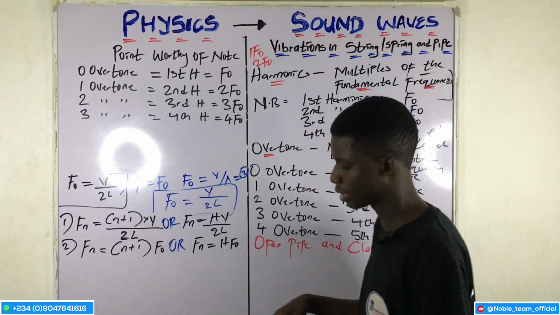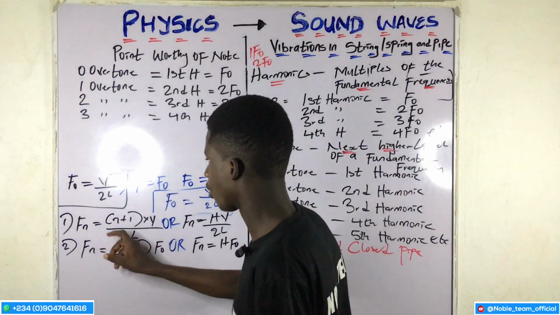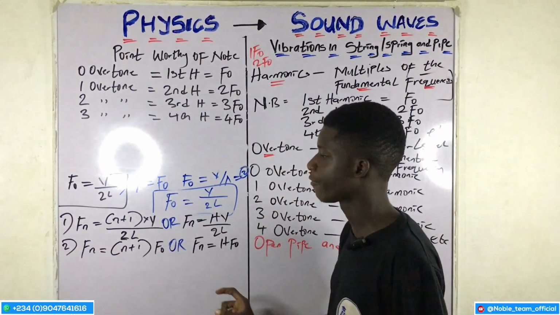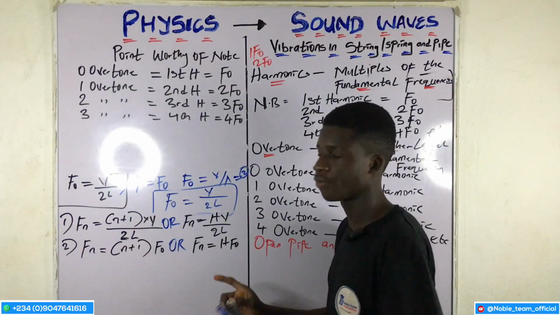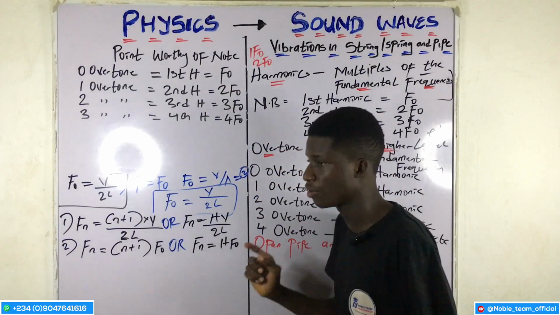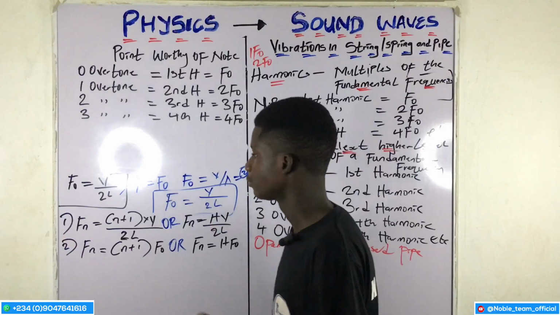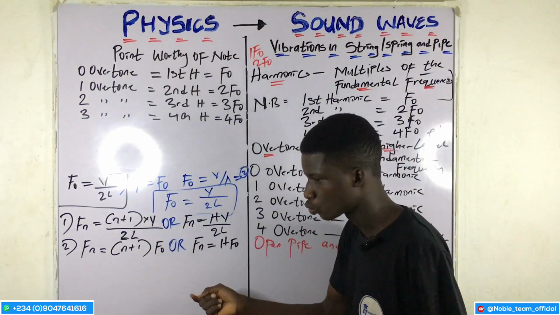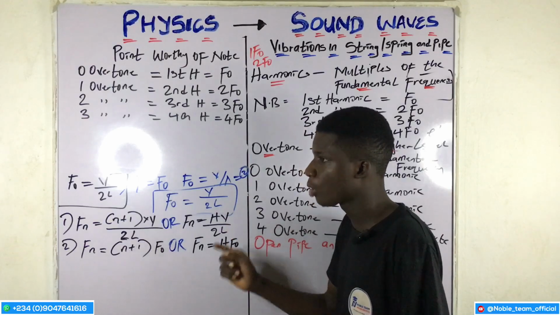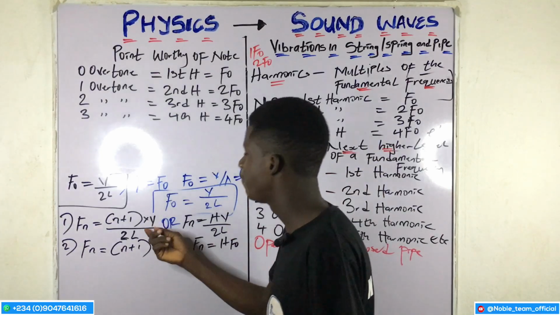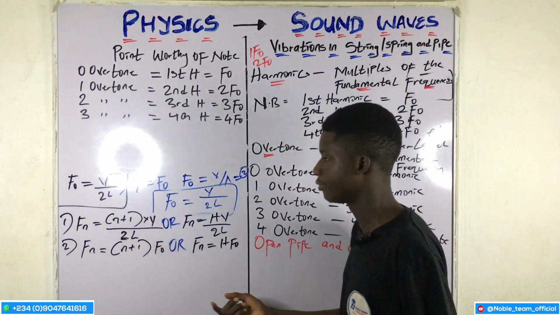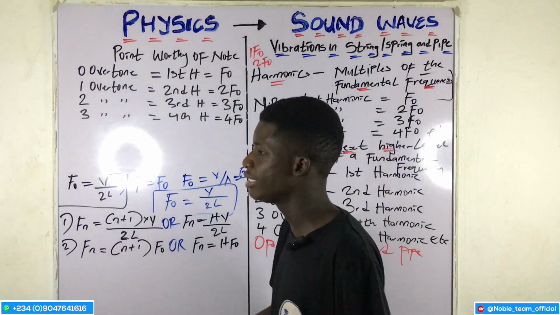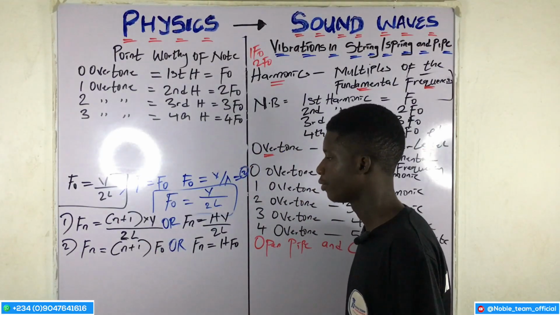But before that, let me give you the value of all these things. Fn is the nth frequency. I said frequency, I did not say fundamental frequency. My n is the number of overtone. My v is the speed of the sound. My L is the length of the pipe.